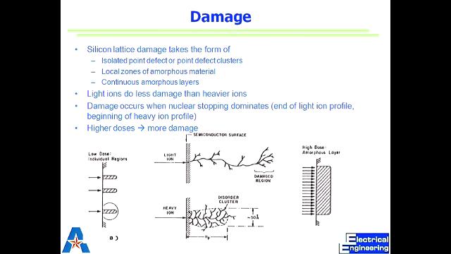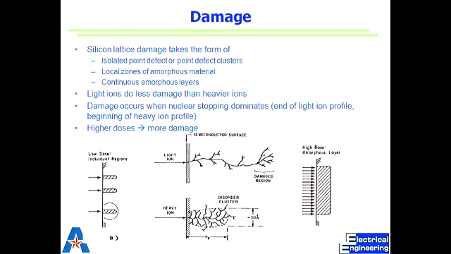There can be what you call point defects or clusters of those defects. There can be zones of amorphous material, and amorphous is where there is no crystalline structure, where there is no repeatability left as to where those atoms occur in that structure. So amorphous material doesn't have any crystalline structure.